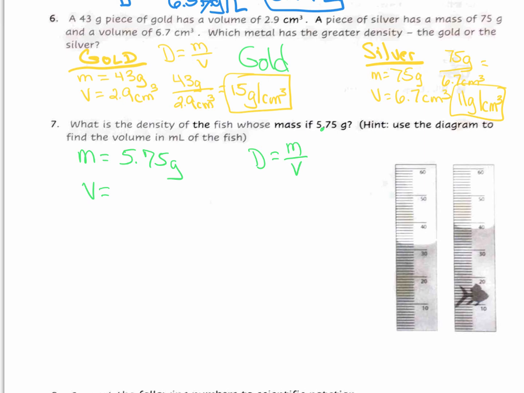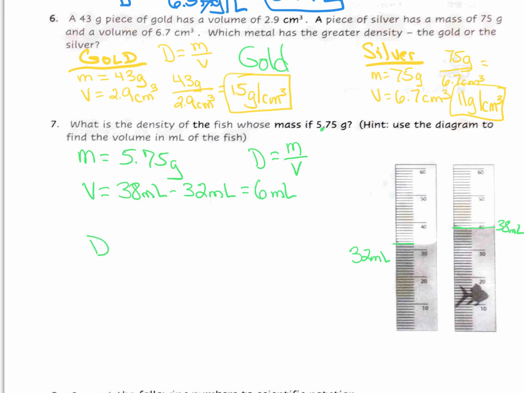So we're reading this, and it looks like it's at about 32 here. So 32 milliliters. And over here, it looks like it's about 38. So to calculate the volume, I have 38 milliliters minus 32 milliliters. So that is a total of 6 milliliters.